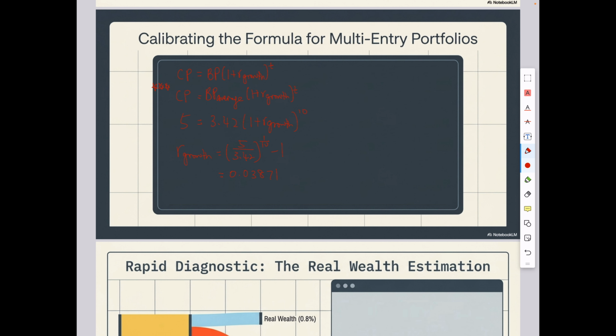Now, what does this mean? This means my R nominal, or R growth, is growing at 3.87% per year for these 10 years, averaged out, which is a very rough gauge. But you can see that when I use this method, I'm still above the inflation rate, right? Which tells me that I'm doing well.